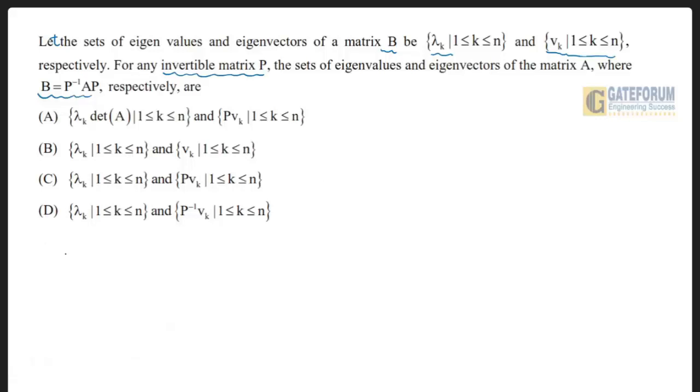See, according to the properties of eigenvalues and eigenvectors, the matrix A and B matrix are called similar matrices. Similar matrices have the same eigenvalues. Okay, so that's why the eigenvalues of the matrix A are nothing but lambda k, the set of all lambda k, 1 less than or equal to k less than or equal to n.